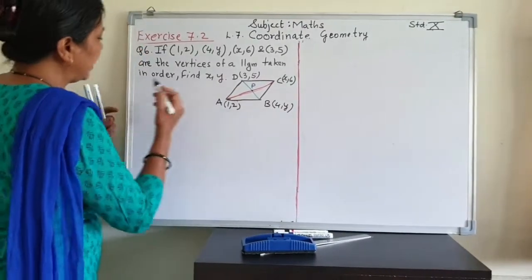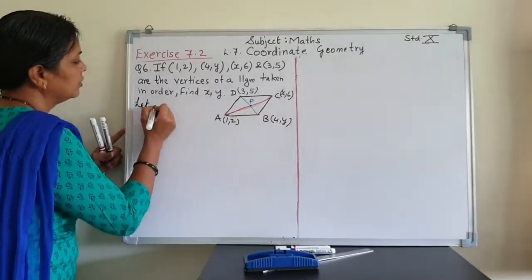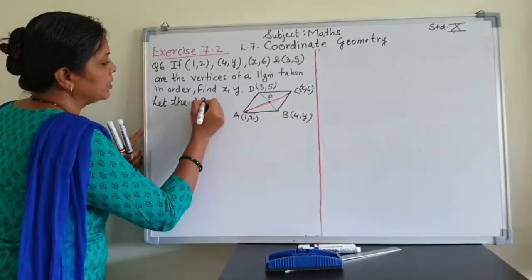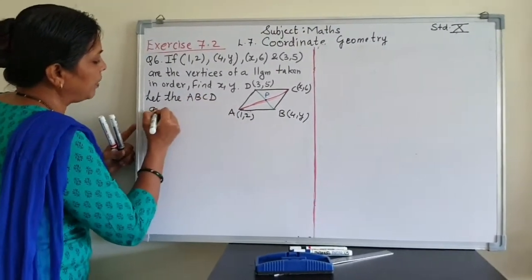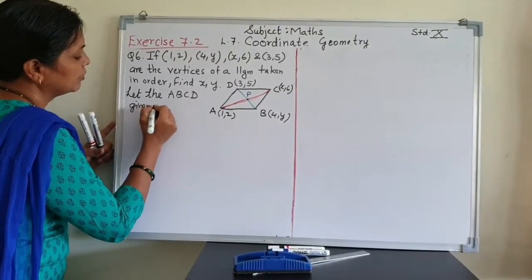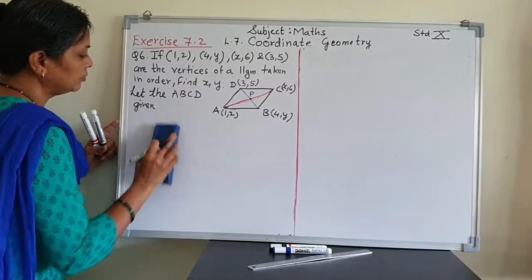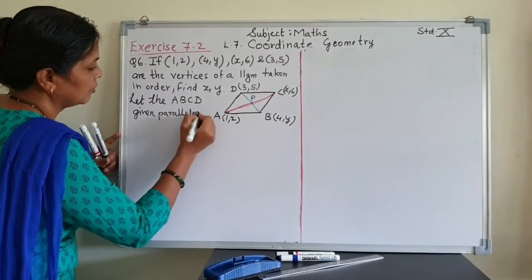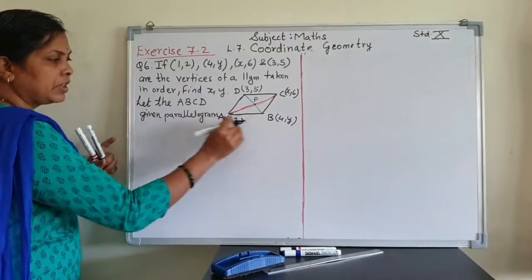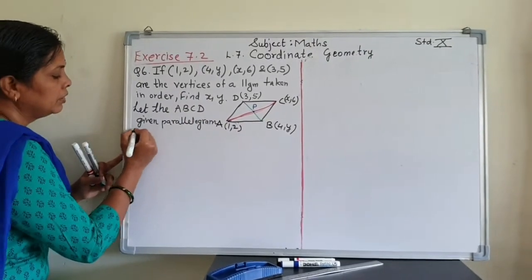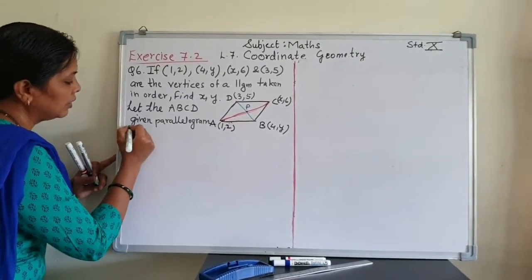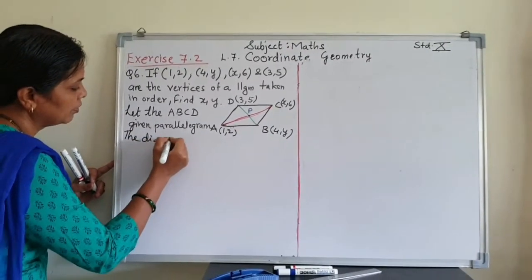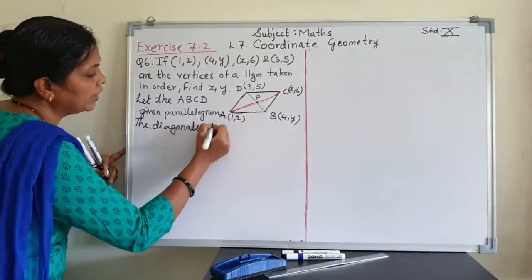Let's start that. Let ABCD be the given parallelogram with vertices. Now the diagonals, which are the diagonals?